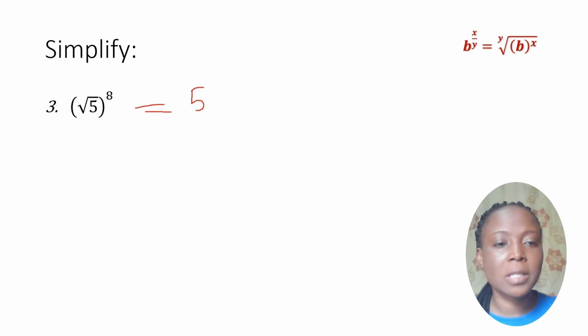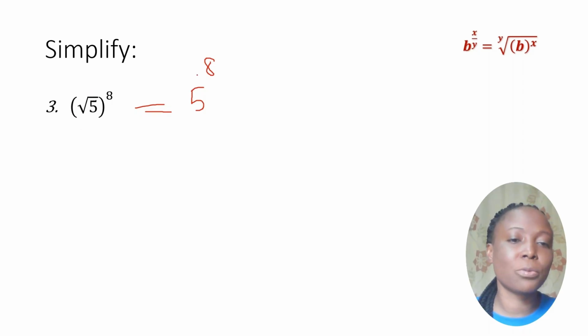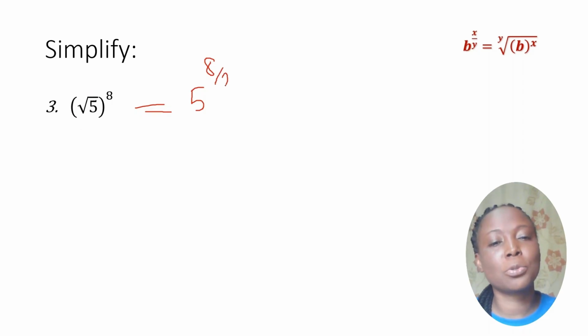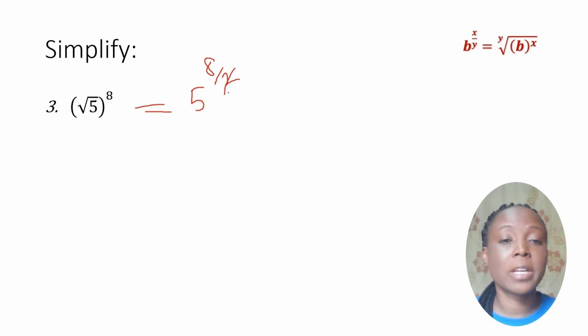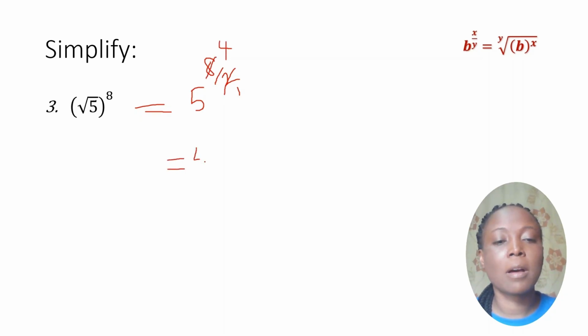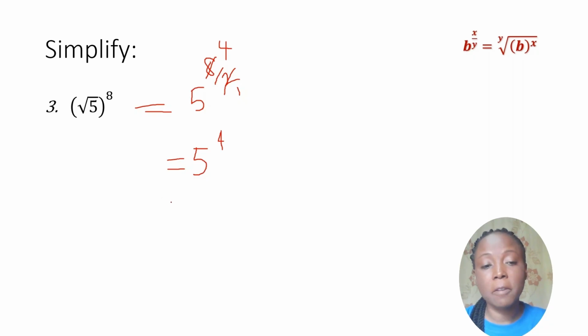Since the numerator is the power, I can write 8, and the denominator is the root I am taking, then it becomes over 2. Brothers and sisters, break it down. 8 over 2 is 4. So this is going to be 5 raised to power 4. So your 5 raised to the power 4 will give you 625, if you wish to write the value out.